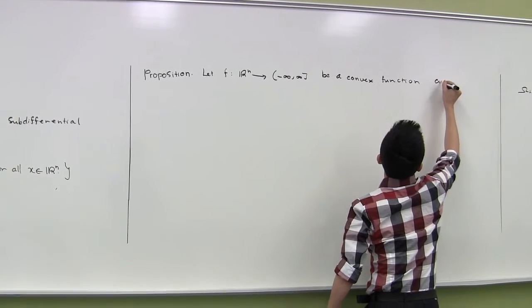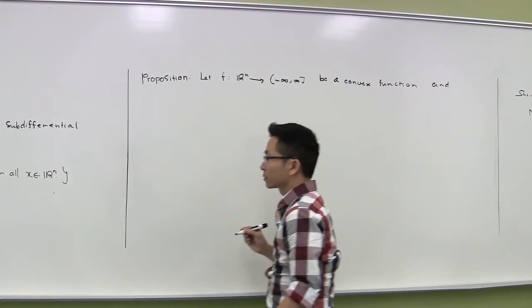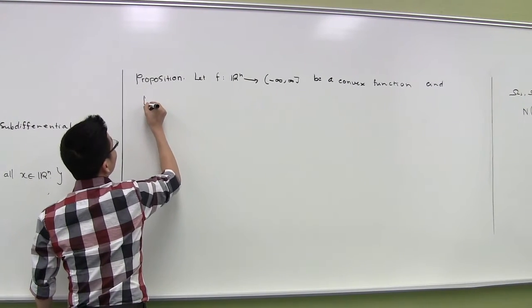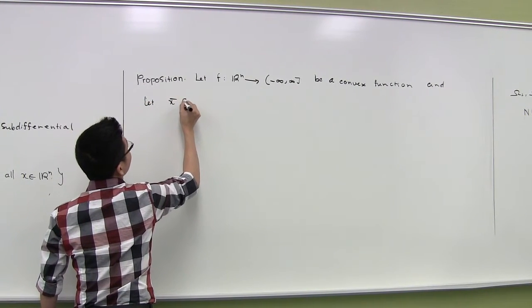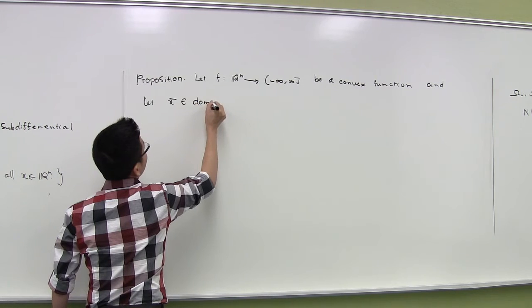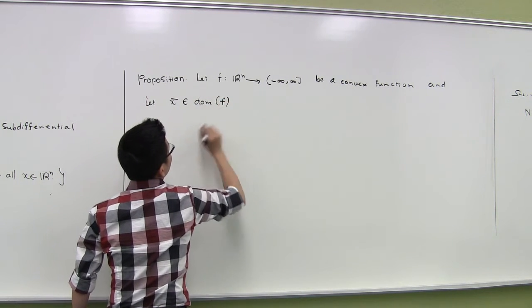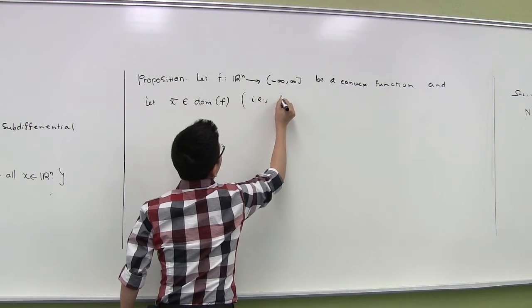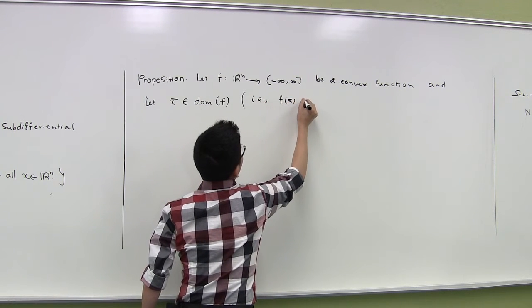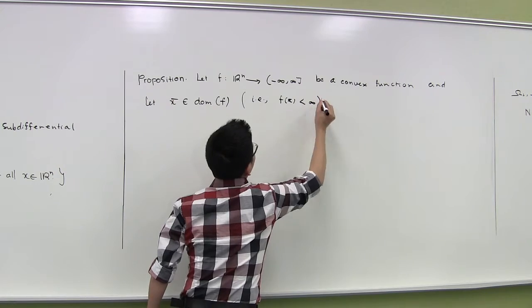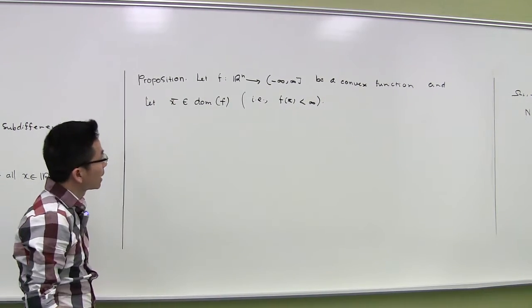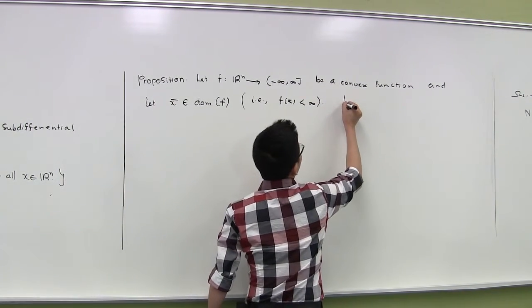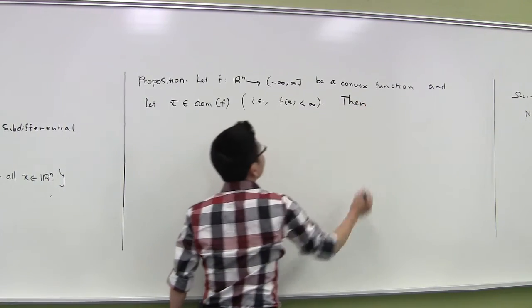And let x bar be a point in the domain of the function. Again, this means that f of x bar is finite. It is a real number. Okay. Then we have the following representation.